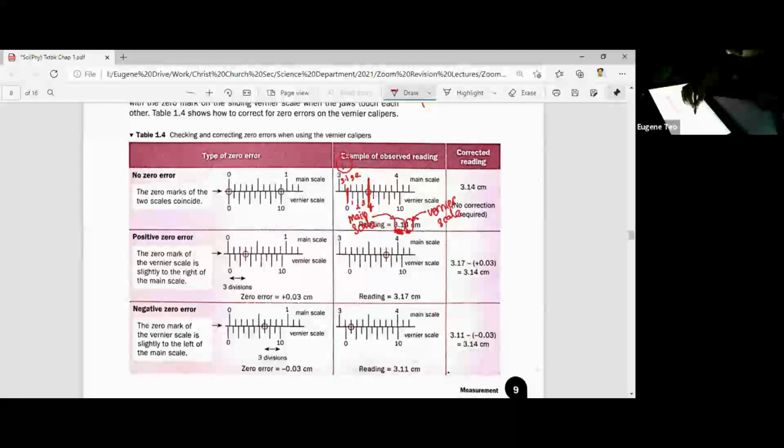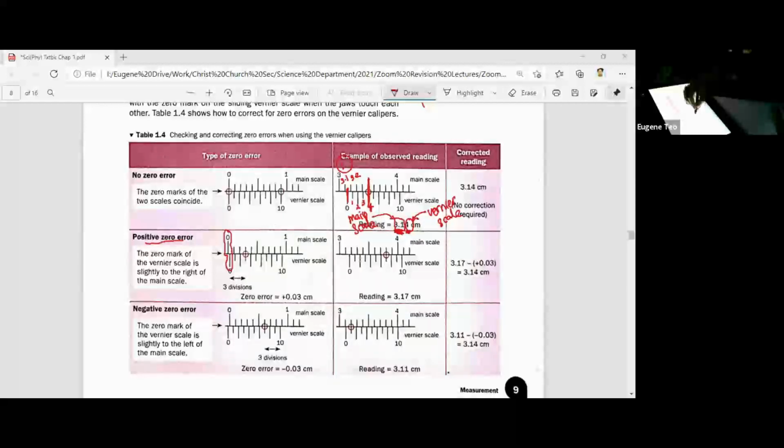When the 0 on the vernier scale is on the right hand side of the 0 on the main scale, when you see something like this, this is when we know it's a positive zero error.